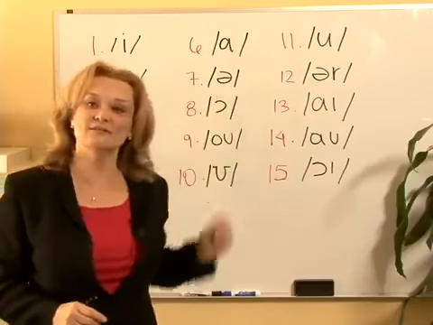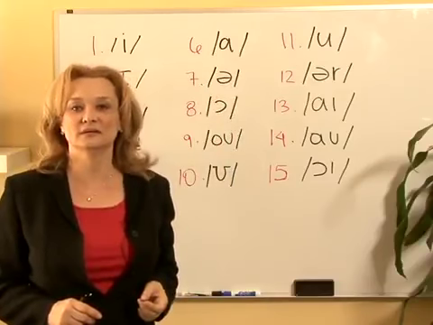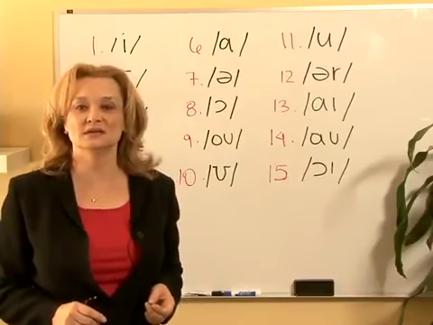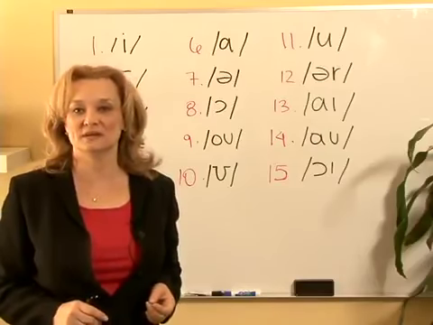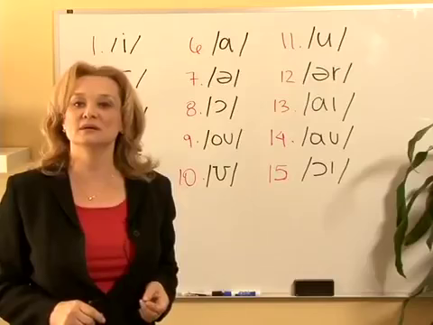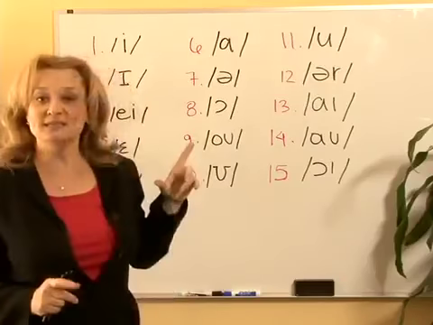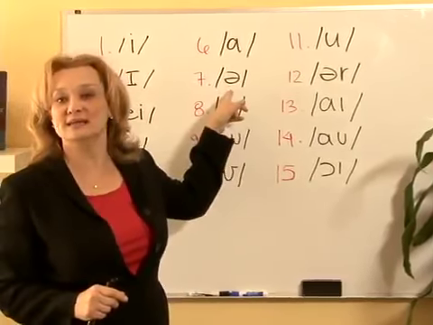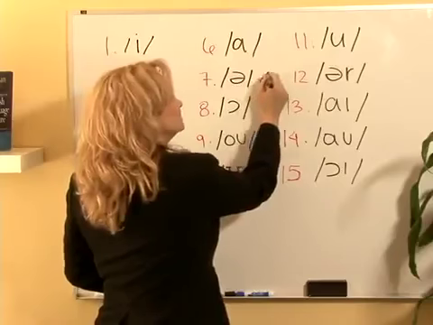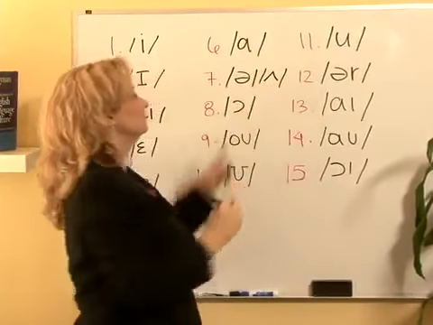Vowel number 7, as in but, done, jump, love. Say it with me. This sound is usually written like this in your dictionary, but sometimes you might also see this symbol.